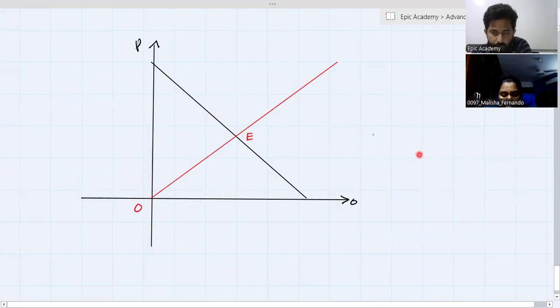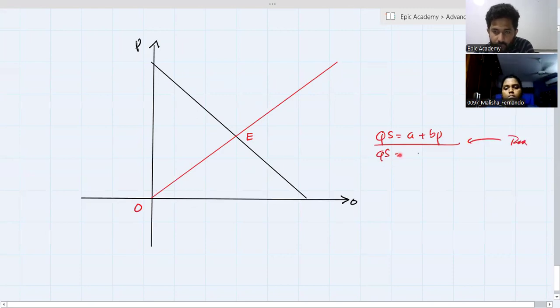Here, in the unit tax, QS equals A plus BP. We are going to add that unit tax: QS equals A plus BP minus T. This is the method. Okay.